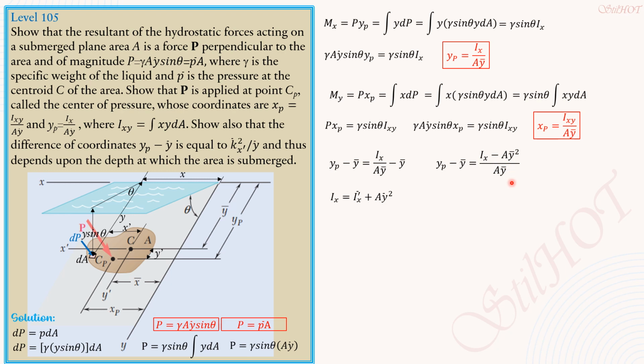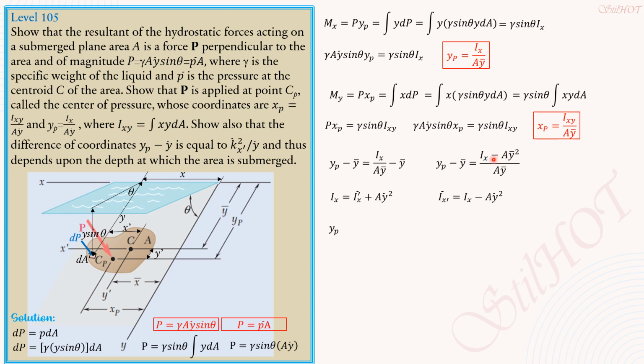So therefore y sub p minus barred y equals Ix prime over area barred y, or from this equation that by transfer formula for moment of inertia, Ix equals I barred x prime plus area barred y square. So the distance between the x-axis and x prime axis is barred y, so that's why you have area barred y square. So that means I barred x prime is simply Ix minus area barred y square.